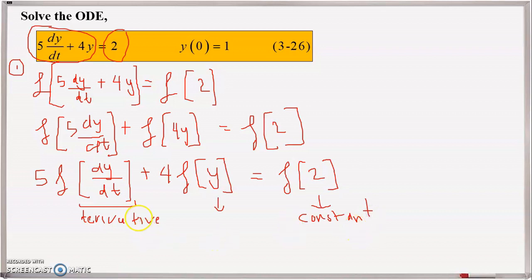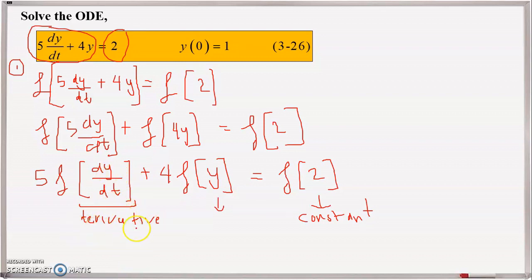So when you identify the type of function in the ODE, then you can actually solve it. In order for you to transform it into an s function, you can refer to my previous note on derivatives.